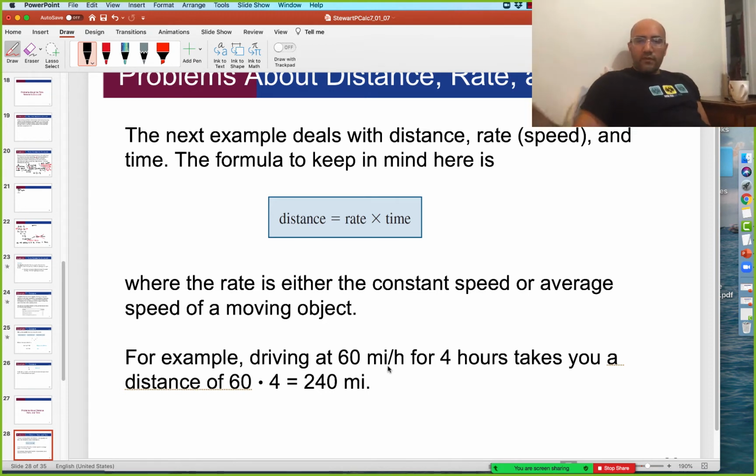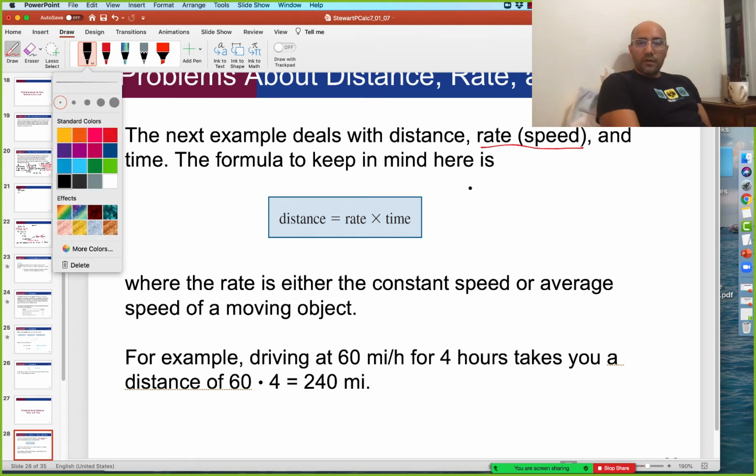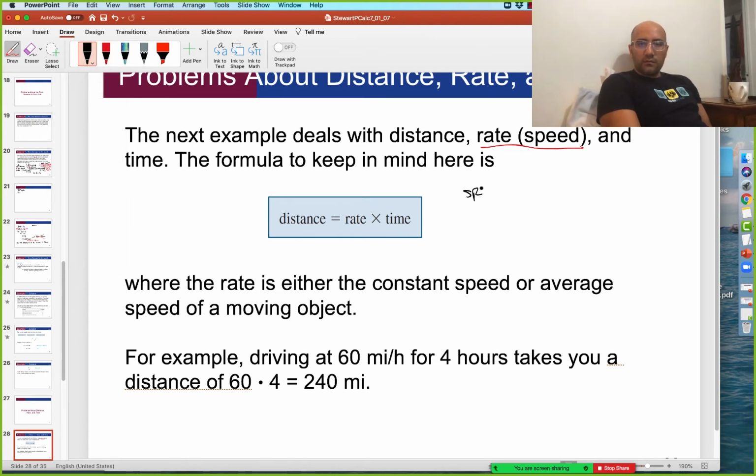Okay, I feel like the other version of this, which is completely related, rate, which is the same sort of thing as speed, right? So rate and speed in these word problems are going to be very synonymous here. And if you think of speed, how fast you're going, 60 miles per hour, for example, speed is defined to be the distance over time.